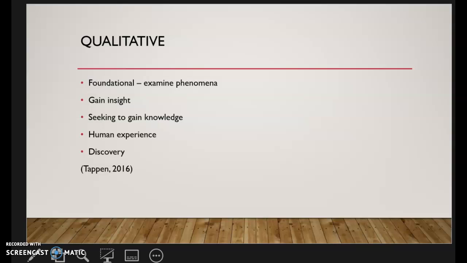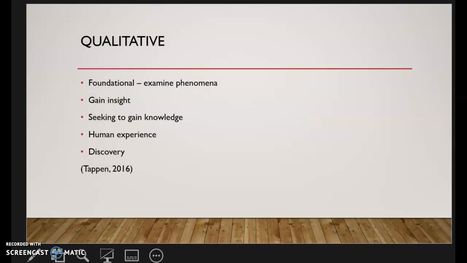And really qualitative is helpful to find insights as far as one's perspective about an illness, or it may gain insight into some of the health disparities, what is going on in folks' lives that impacts their health outcomes, those types of things.